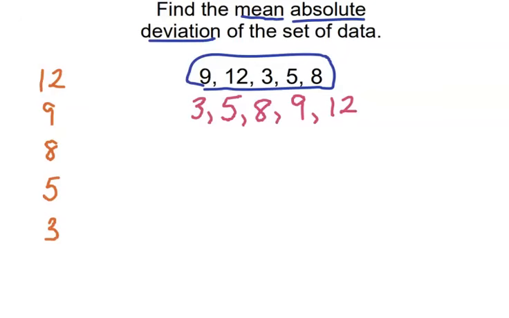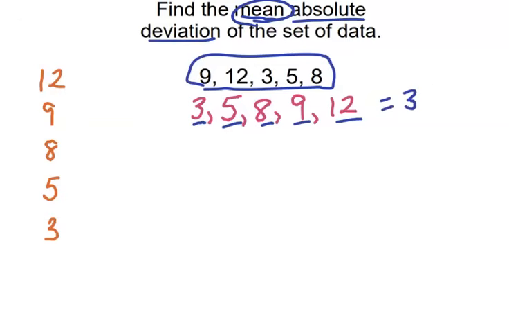Okay, to find the mean, we have to find the mean first. We have to add them all up and divide by 1, 2, 3, 4, 5 numbers in the data set. So we have 3 plus 5 plus 8 plus 9 plus 12. That equals 37.